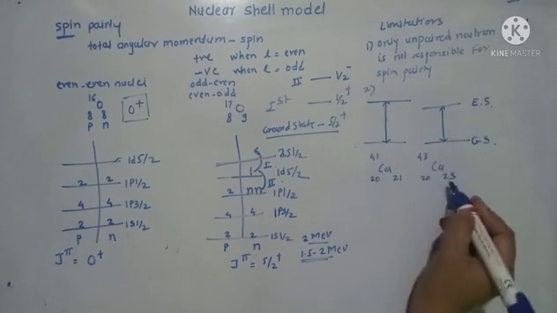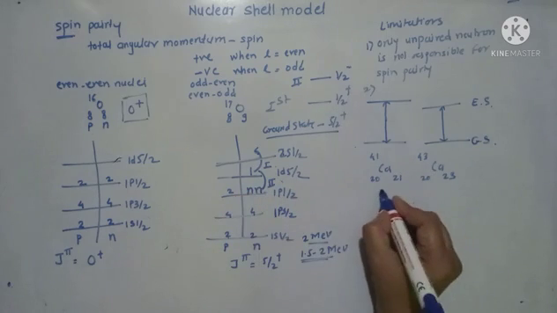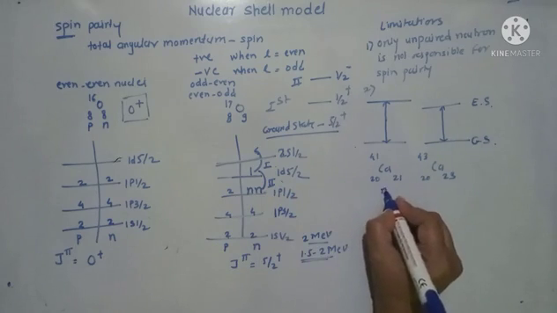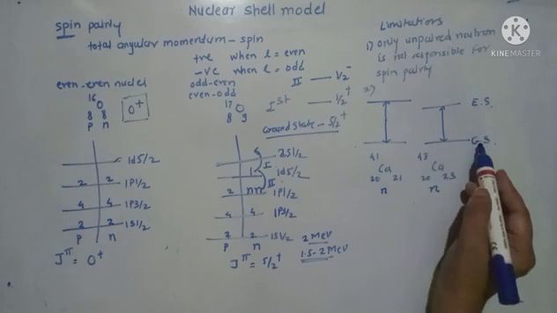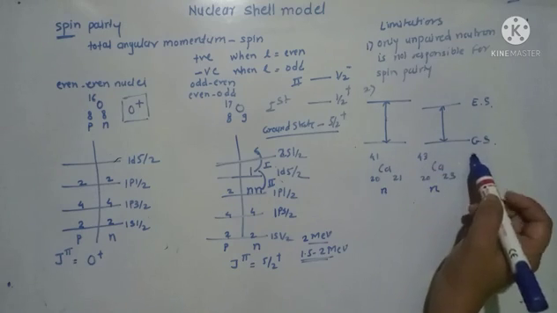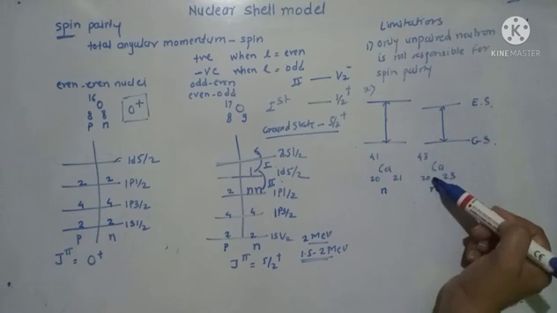In both cases, if you try to draw the nuclear shell model, you will find that for both nuclei the exchange particle is a neutron, the ground state spin parity is the same, and the first excited state will also be the same for these two nuclei.